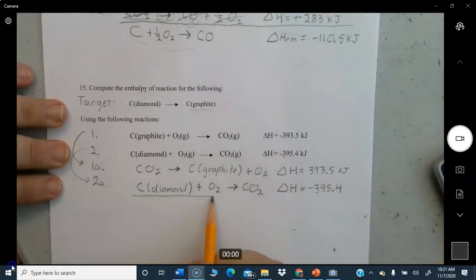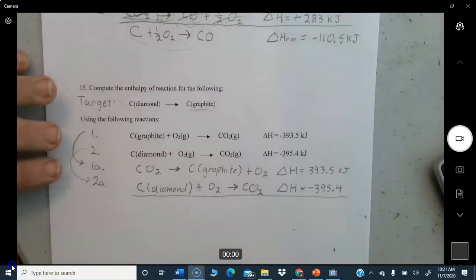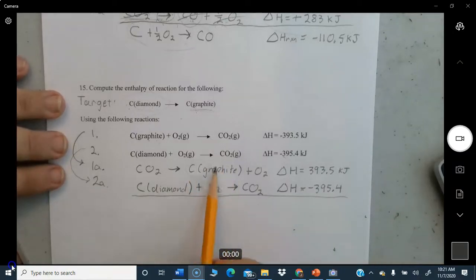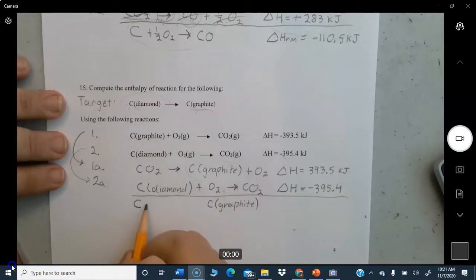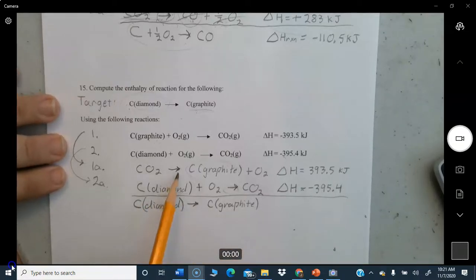Okay, so let's see if our reaction works here. We have carbon graphite on the right side of the arrow. And we have carbon diamond on the left side of its arrow. All right, up here we have CO2 on the left side of the arrow here.